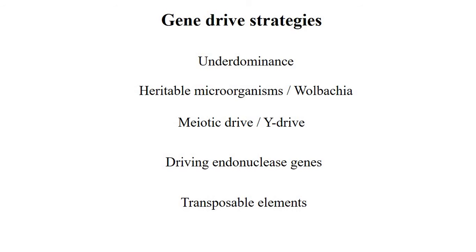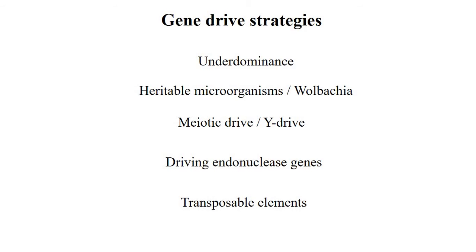Okay, now let's talk about gene drive strategies. How do we make these gene drives? How do we make something that will not follow classic Mendelian inheritance, where there are two alleles, one from the paternal chromosome and one from the maternal chromosome, and there is a 50-50 chance of either allele going into the population?